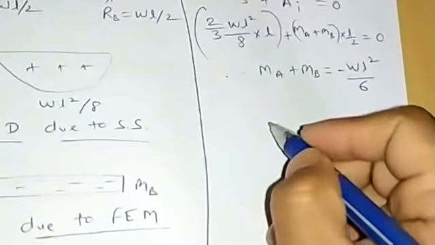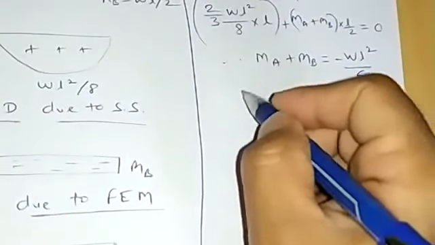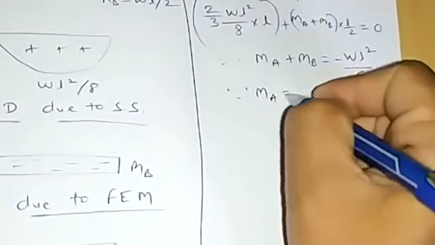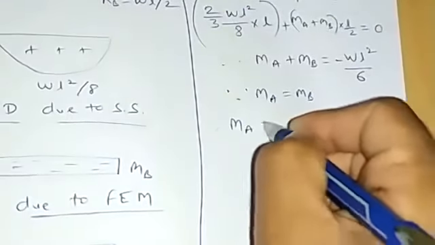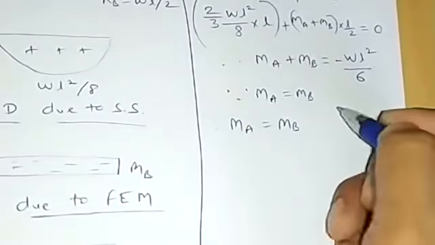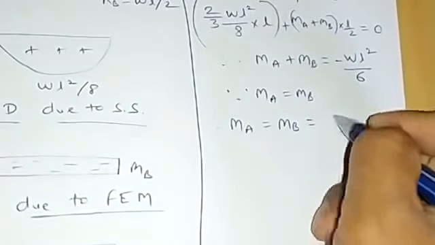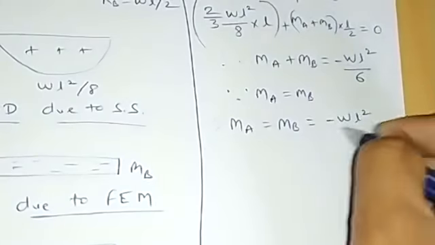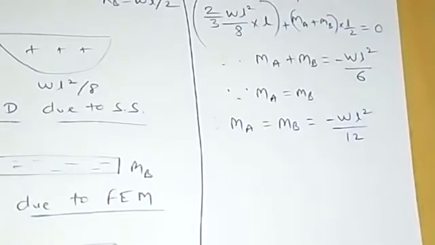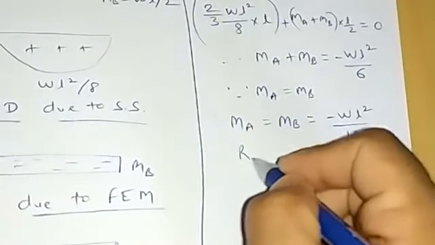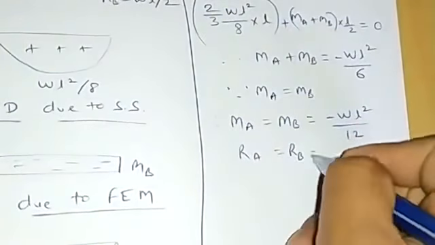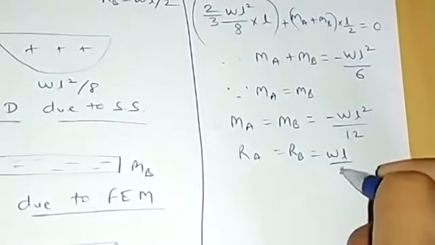And we know that MA is equal to MB. Therefore, MA would be equal to MB, and that is going to be minus WL square by 12. So that will be half simply. RA and RB are WL by 2.